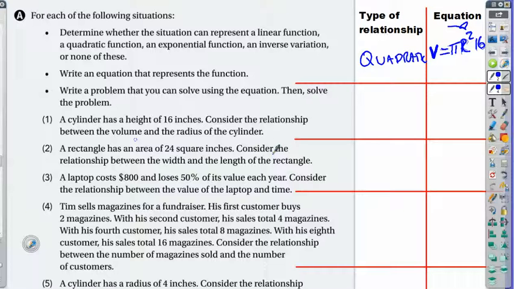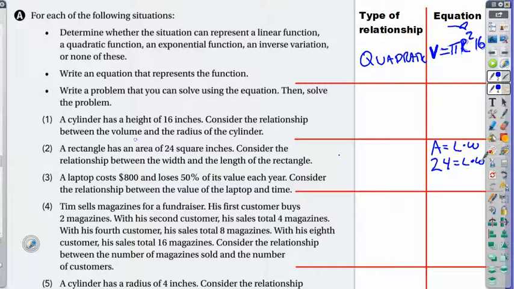A rectangle has an area of 24 square inches, and consider the relationship between width and length of the rectangle. Well, I know that the area of a rectangle is equal to length times width. In this case, 24 is equal to length times width, or LW.